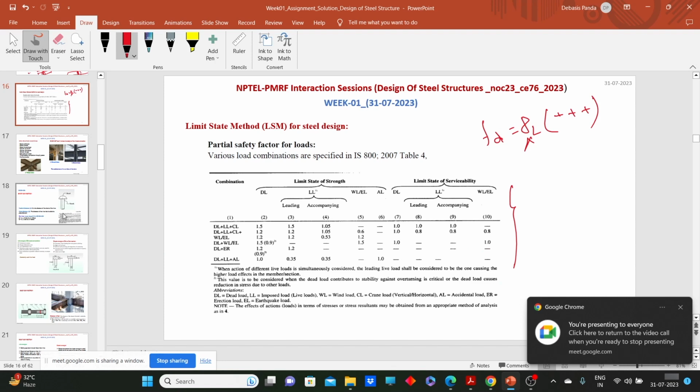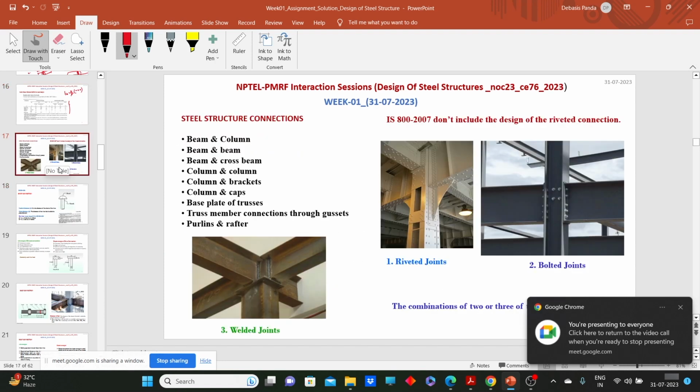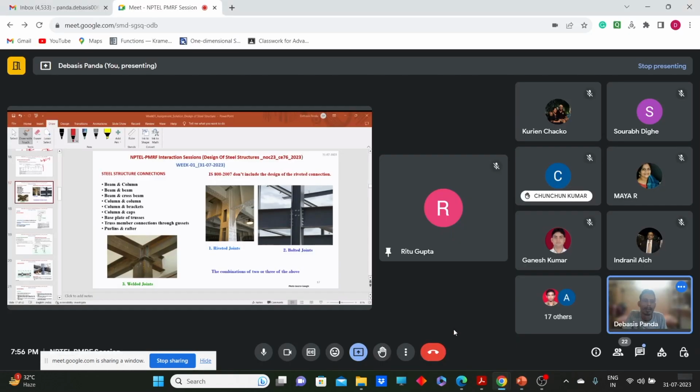Now come to the connections, the most important part. As a structural designer or structural engineer, what we need to do with a steel structure is basically design the connections. There can be different kinds of connections like beam-column connections, beam-to-beam connections, beam-to-gusset connections, purlin connections, and connections in truss members.